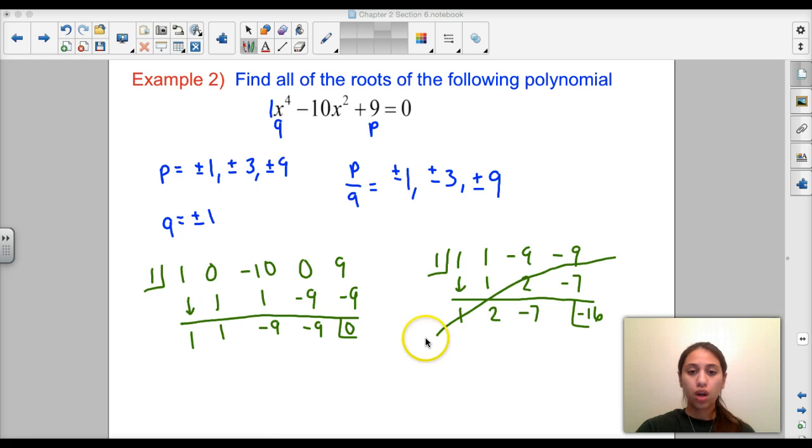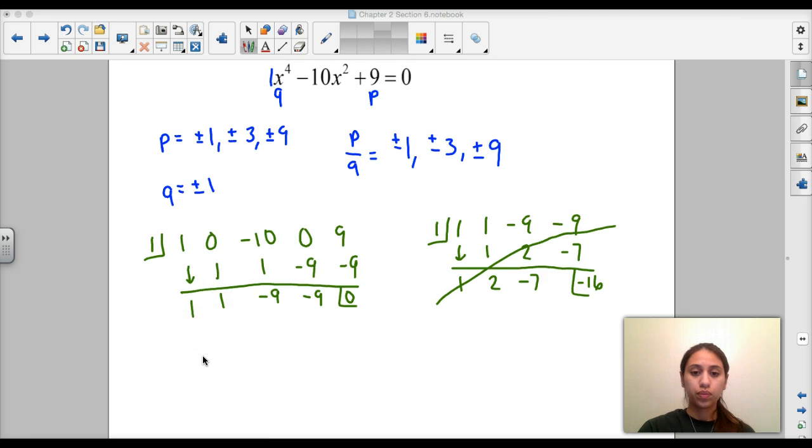Okay, so we're going to move along and see if negative 1 is a root of this polynomial. Instead of using the original coefficients, we can now use these values because we found a remainder of 0. Let me make some more room.